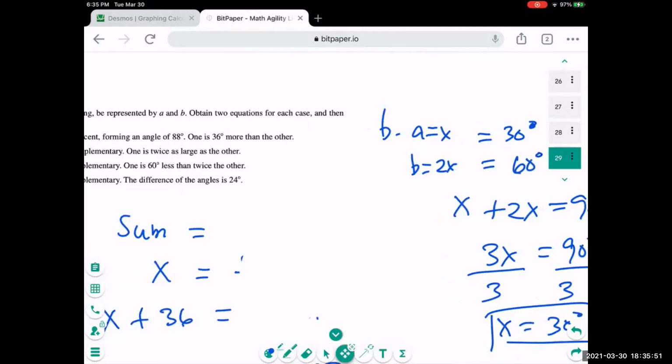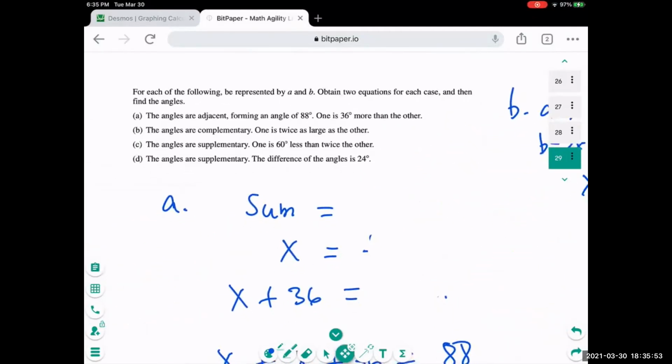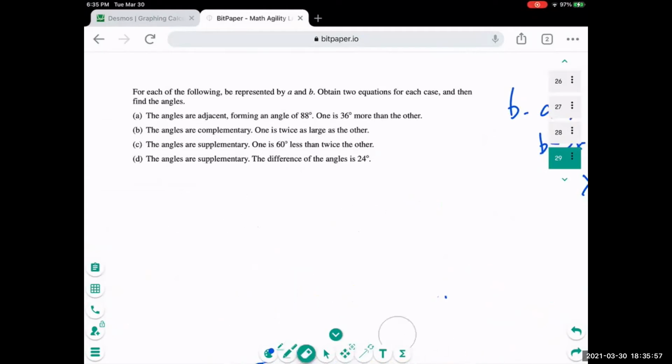And let's solve letter C. For letter C, this is the question. The angles are supplementary. One is 60 degrees less than twice the other. So again, A is x, the first angle. B is 60 less than twice the other, so 2x minus 60 is the other angle, right?